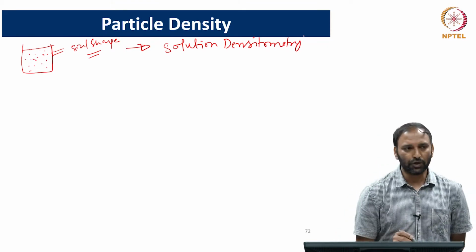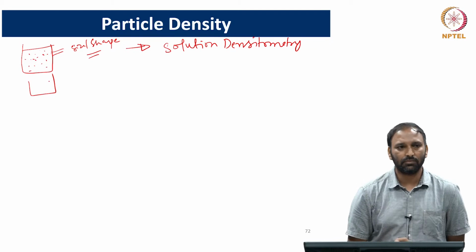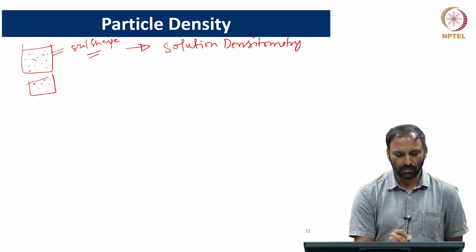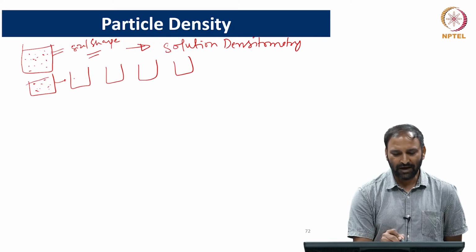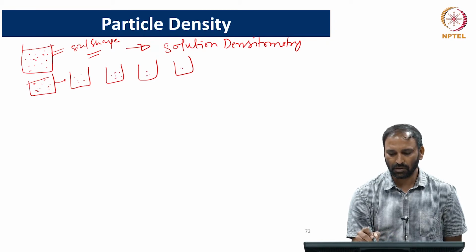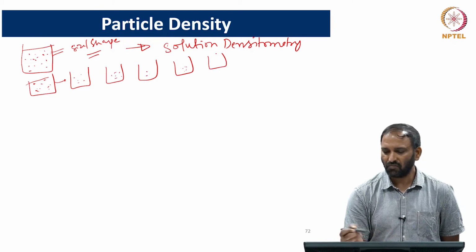okay, in which what you do is I take my dispersion of particles, okay, I prepare a series of solutions where I have particles of different concentrations, maybe a little bit low and maybe without particles. Okay.